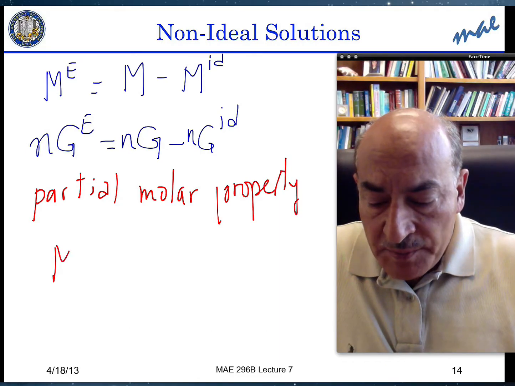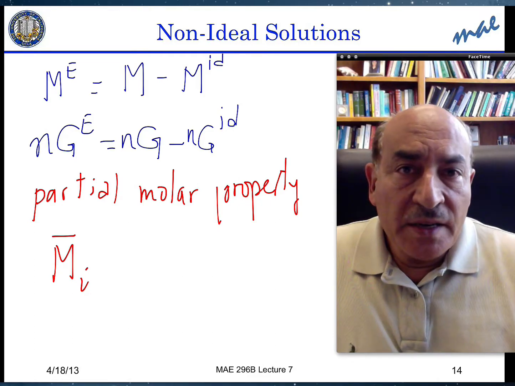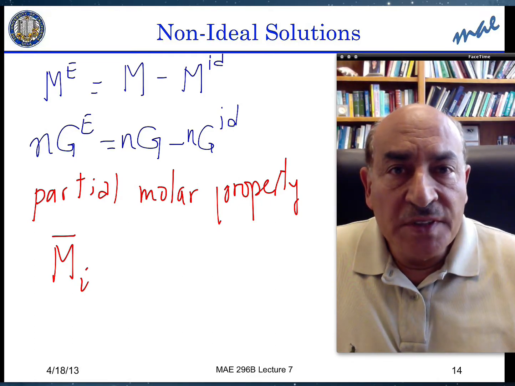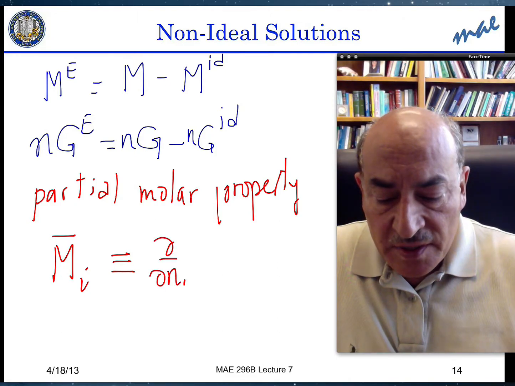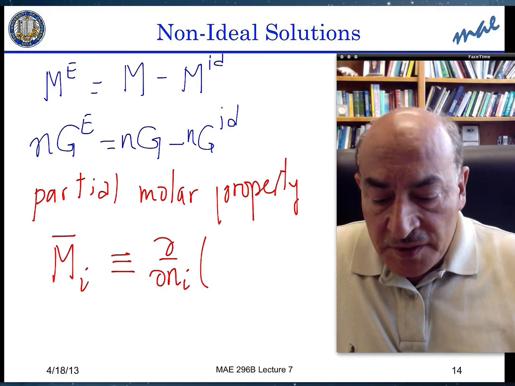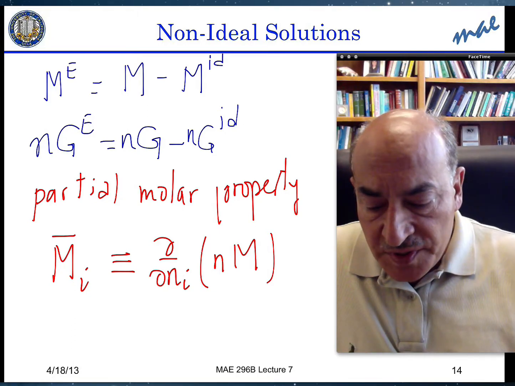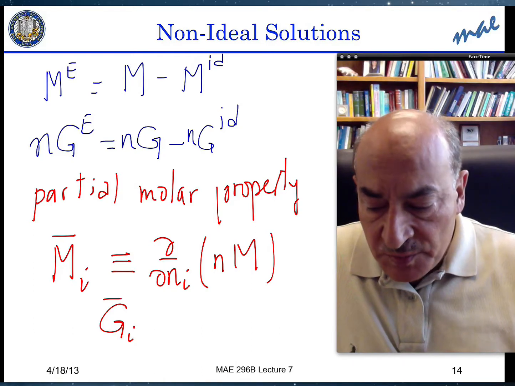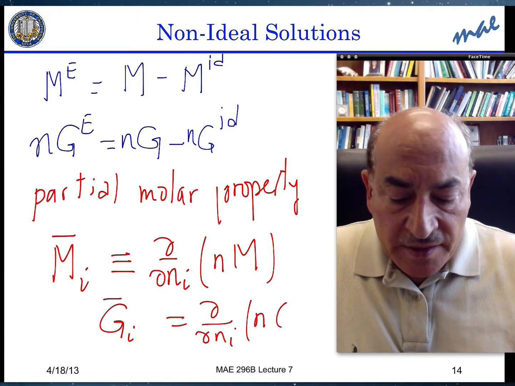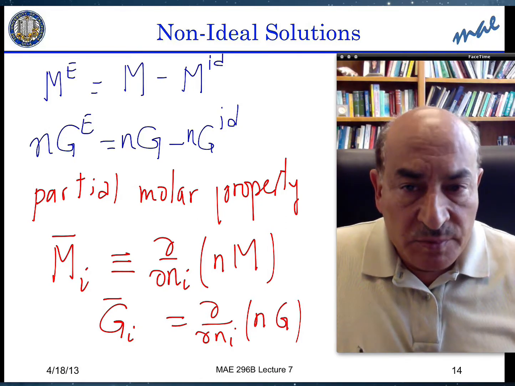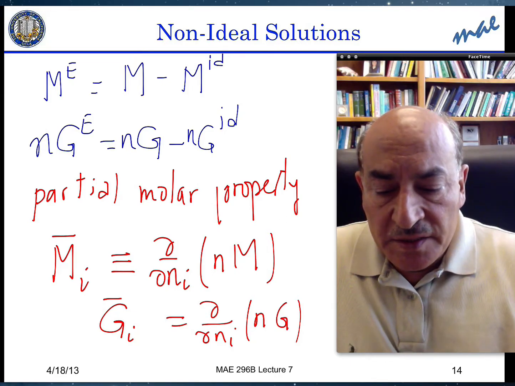For any property M for an element I in solution, if we put a bar on top, this is just a symbol that it is a partial molar property, defined as the rate of change with respect to the amount of element I of the total property for the entire system, N times M. So with this, we can say that Gi partial molar is equal to d by dni of the product of N times G. All of these are just preparations so that we can evaluate the difference between these two quantities.